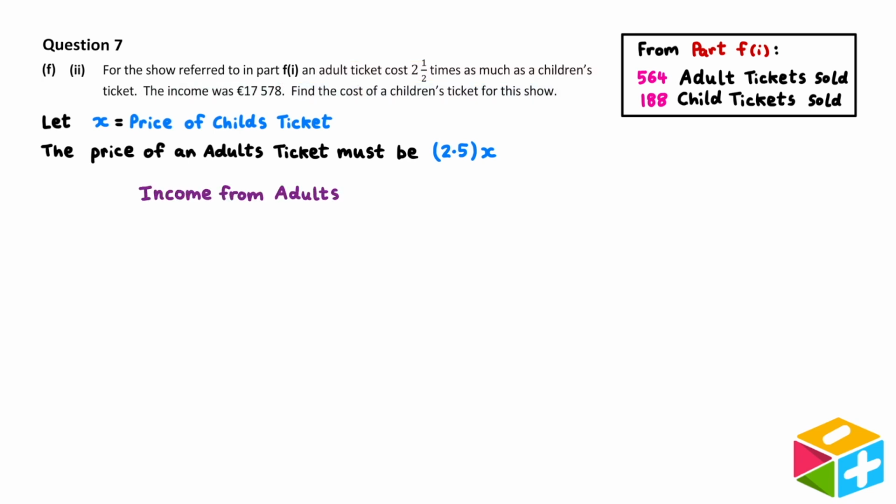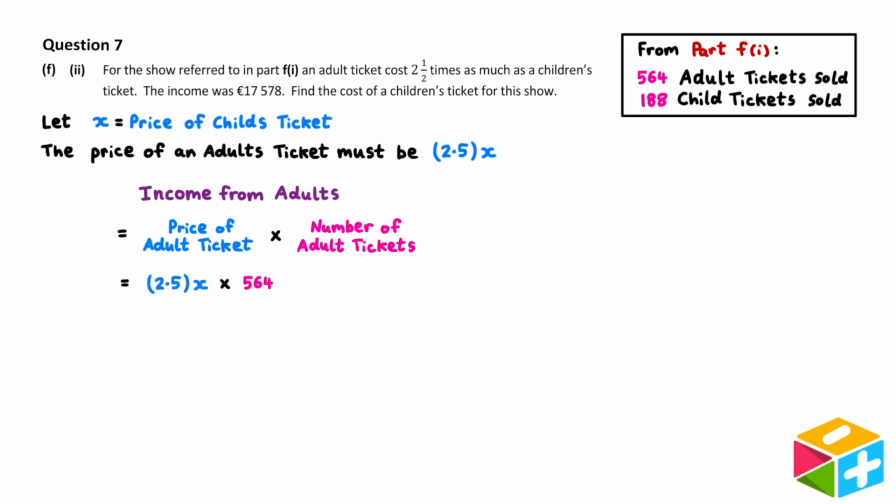The income from the adults will be the price of an adult ticket times the number of adult tickets. The price of an adult ticket is 2.5x, and the number of adult tickets is 564.